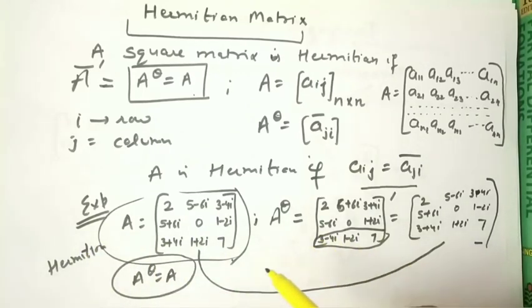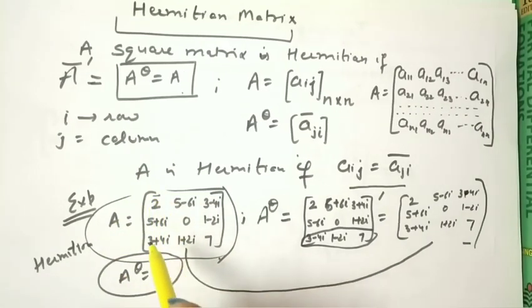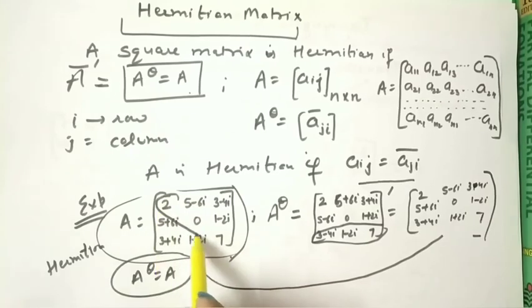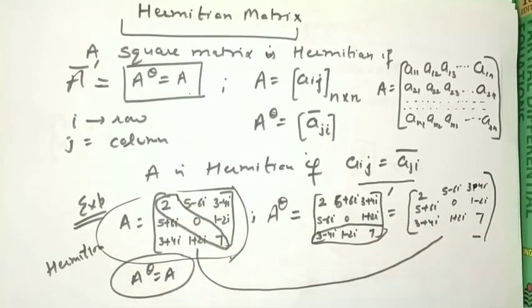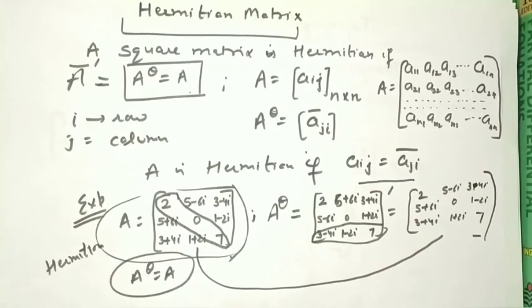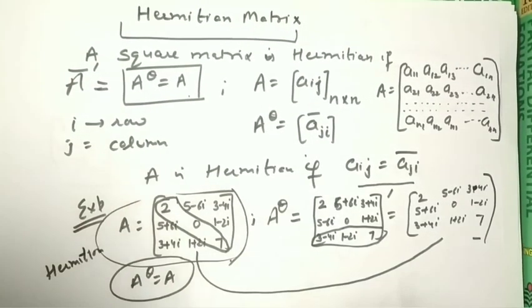Now one thing here: A is Hermitian, and these elements of A, which are called diagonal elements, are real. They do not contain the sign of iota. So we have to check whether it is necessary for the diagonal elements to be real.